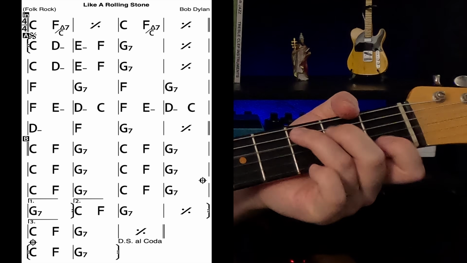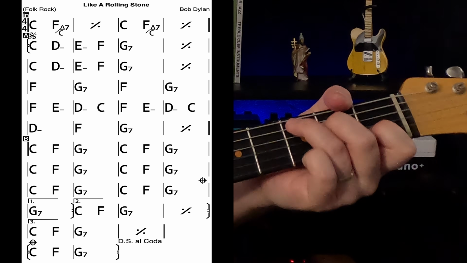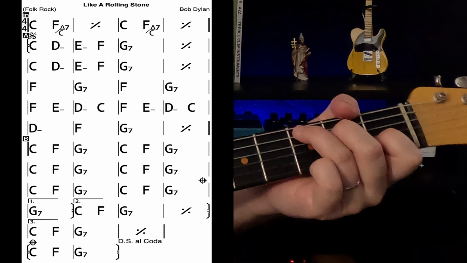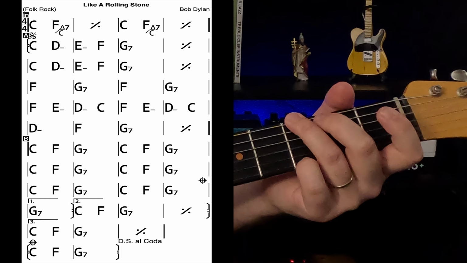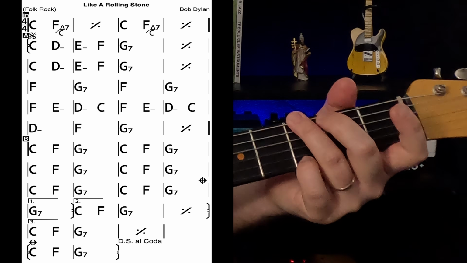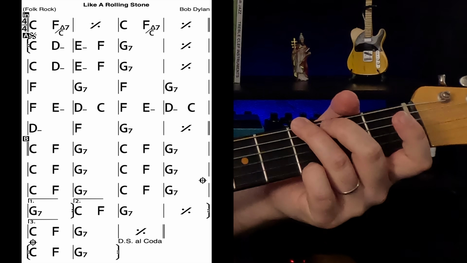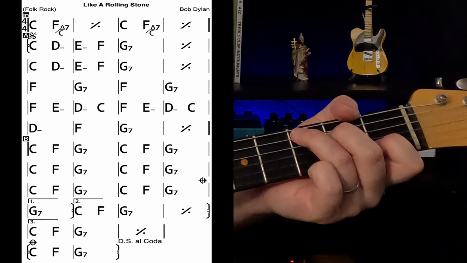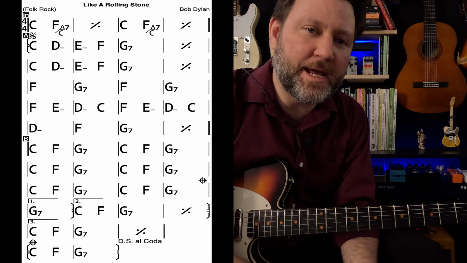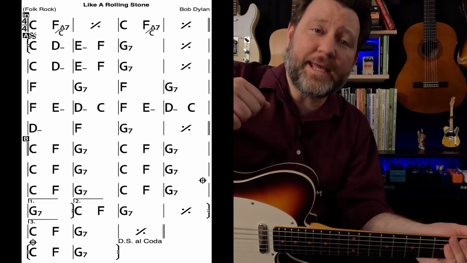Chorus. So at the last part there, you're going to notice a G7 chord going back, and we're just going to play that G chord before it goes back into the verse.